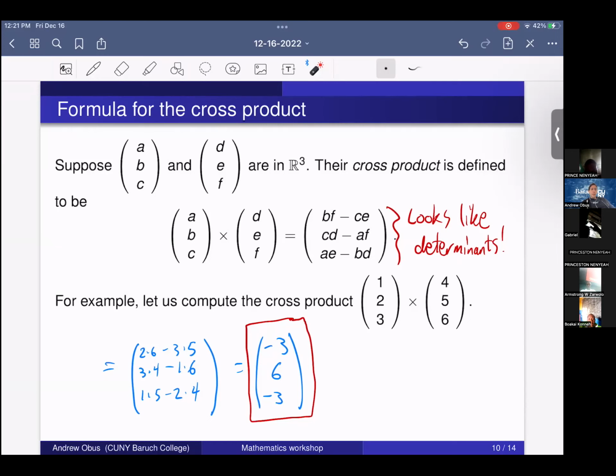That's a good question. Is it possible that the cross product of two vectors with all positive entries can consist of something with all negative entries?